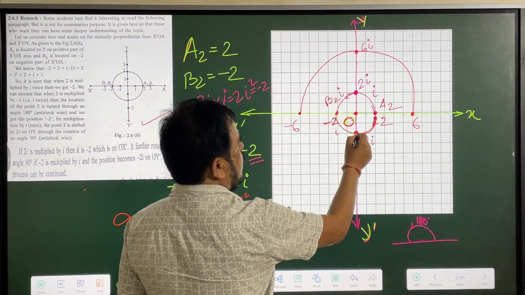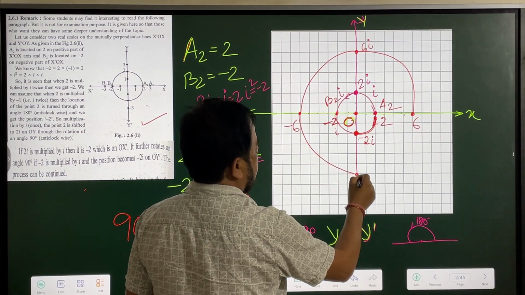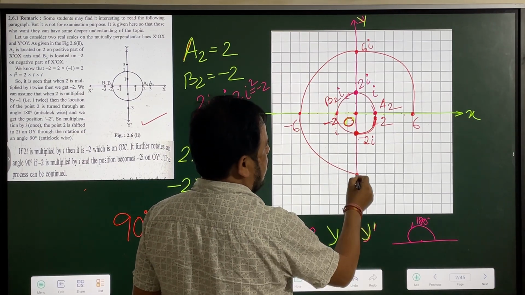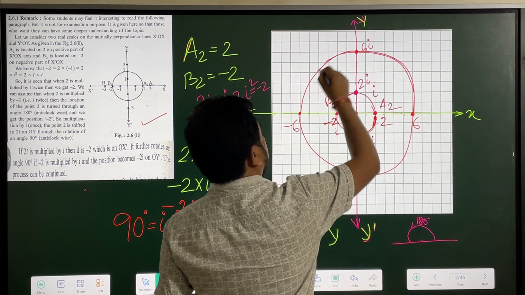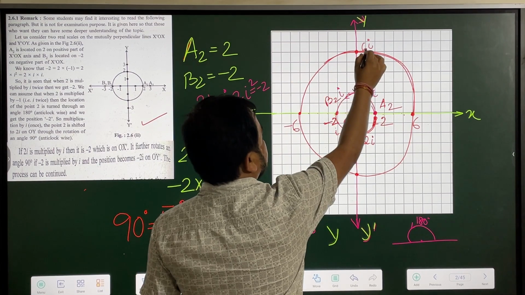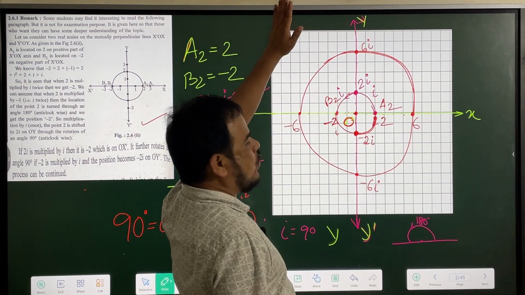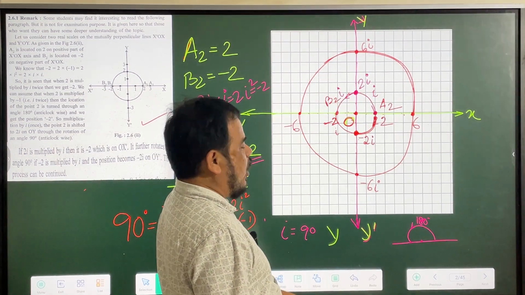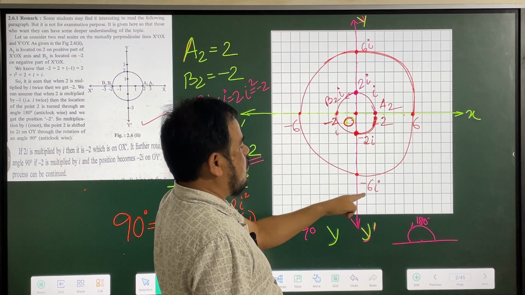Here there will be i because it is the y-axis. This way is a circle. My diagram is not so good, but at least you understand, I think. So here this is 6i, this is -6i. Above positive, below negative. So above +6i, down -6i.